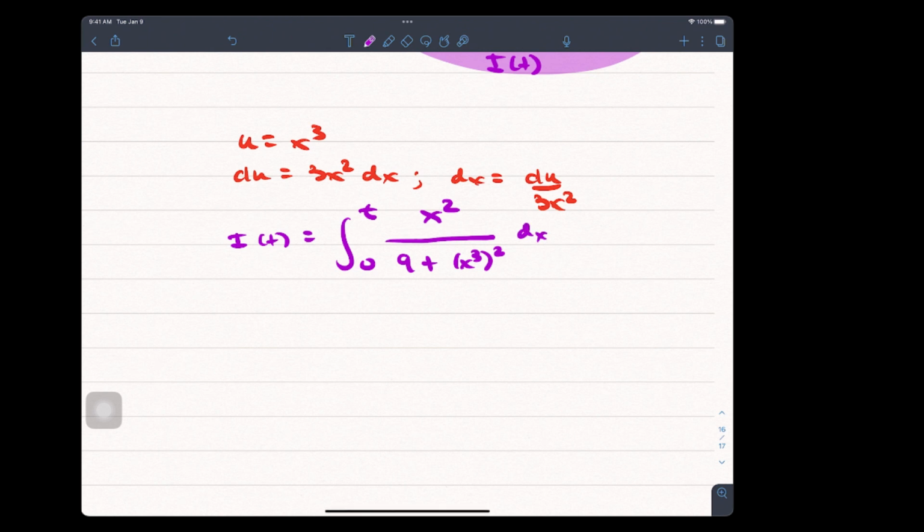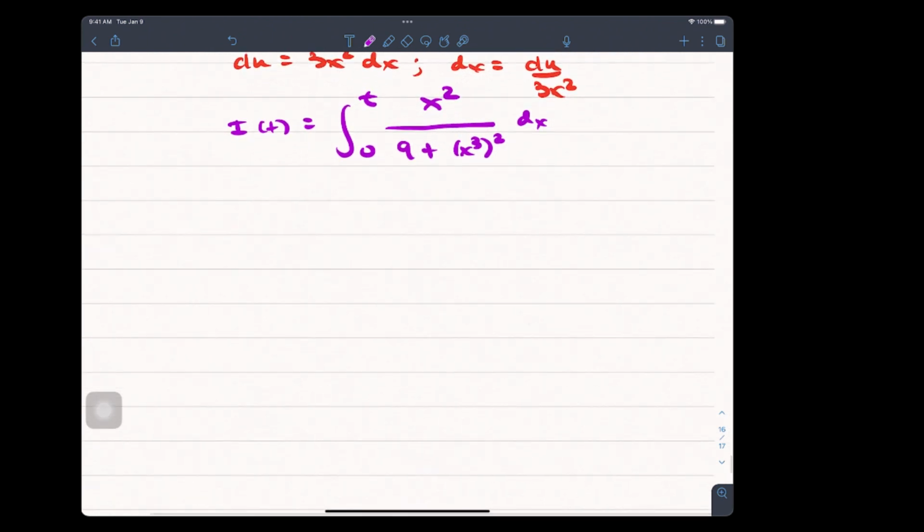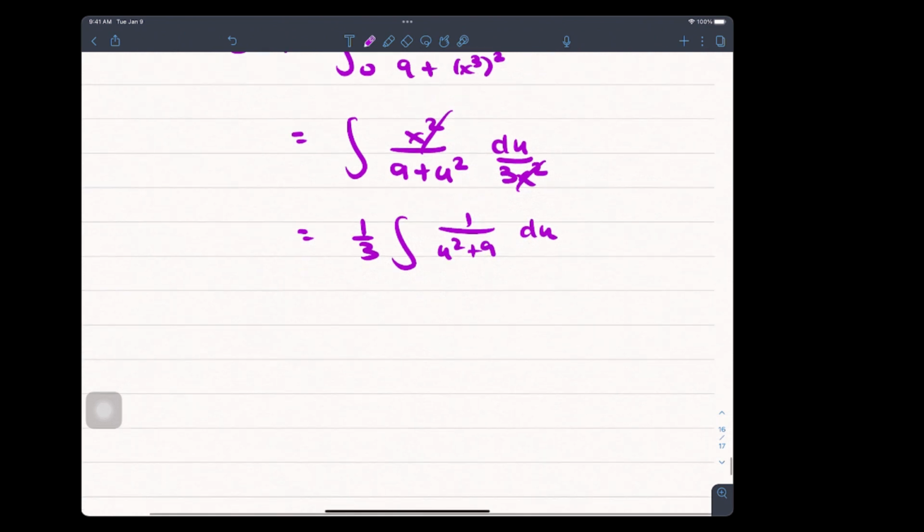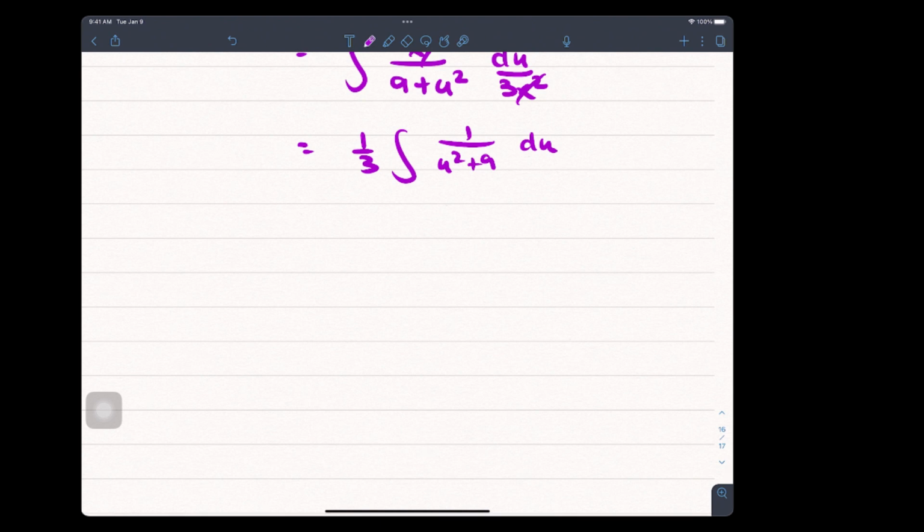Okay. All right. So again, I have x squared over 9 plus really u squared. dx is du over 3x squared. So your x squared cancels. I end up with 1/3 integral 1 over u squared plus 9 du. Does anybody happen to know? And then this 9, isn't that really going to be 3 squared?